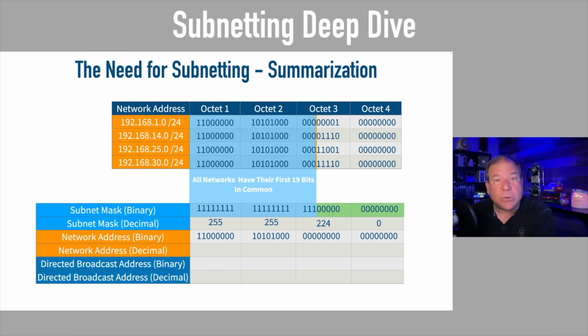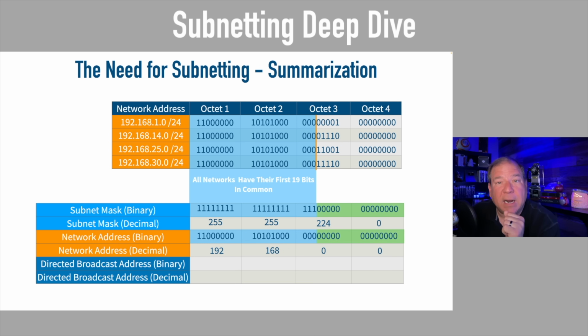I'm going to set those 13 host bits to zeros. And this is what it looks like in binary. If I convert that to decimal, then I've got a network address of 192.168.0.0. What is my directed broadcast address that goes everywhere within that subnet?